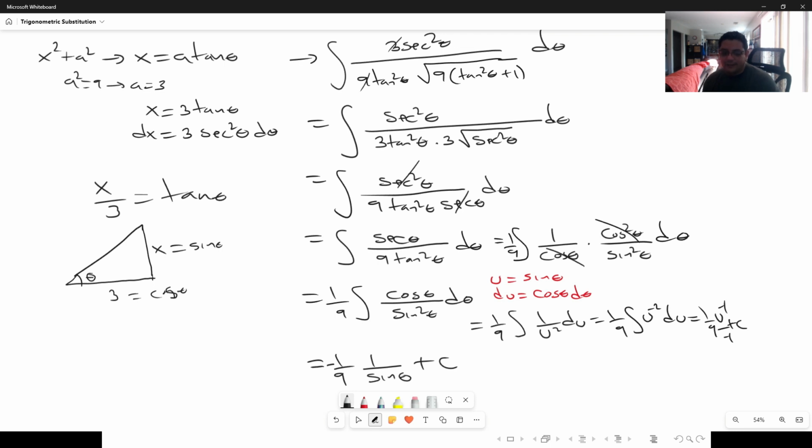So if I get this sine over here, this is simply going to be transformed to minus 1 over 9, 1 over x plus c. And so it's a very simple transformation. If I want to, I can come back and see it in terms of a different substitution, but overall this is going to work out very well for what we want.